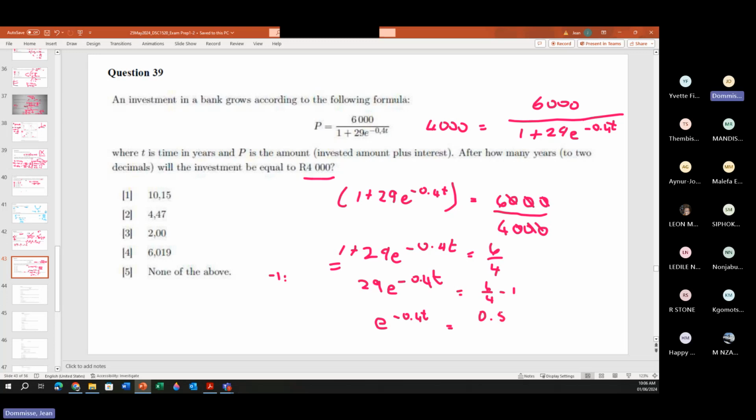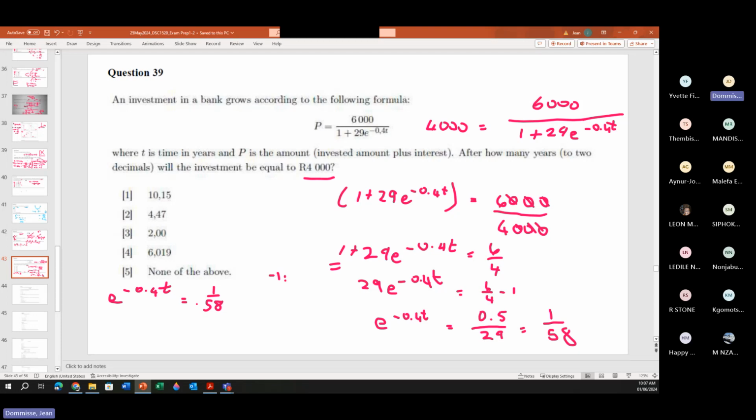So I've got 0.5 on this side, and if we divide it by 29, it will be 1/58. Okay, so e to the power of 0.4t is equal to 1/58. That is just a long process to get to what we want.